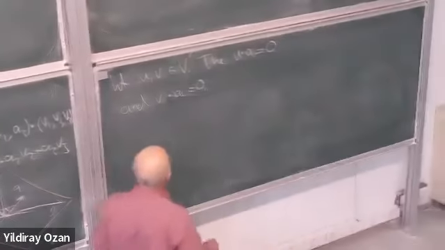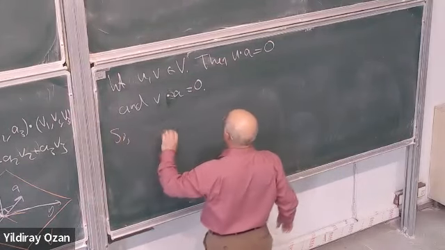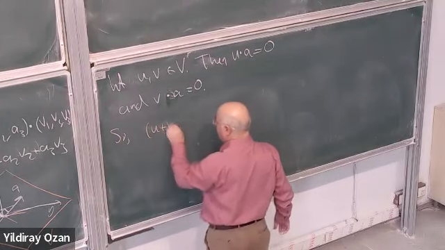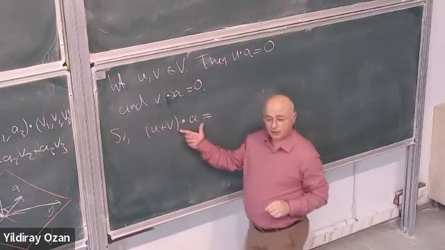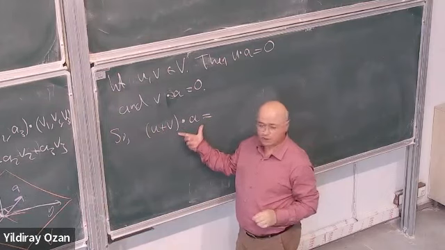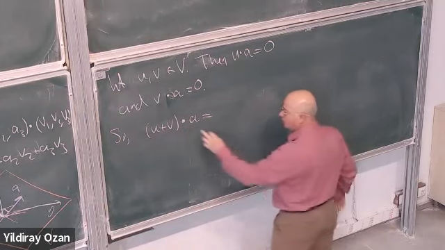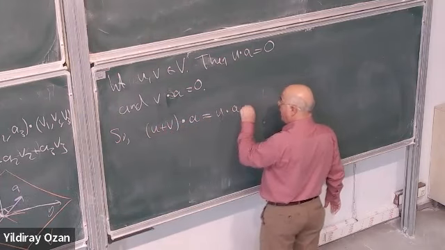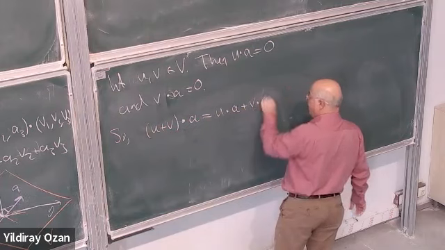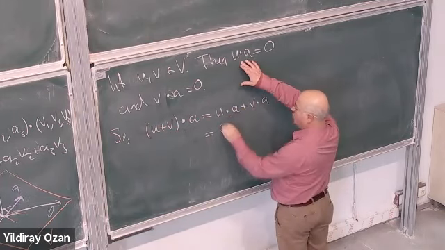Well then, U plus V dot product with A. Well, dot product by its definition distributes over vector addition, and therefore this is just U dot A plus V dot A. But we know that this is 0.